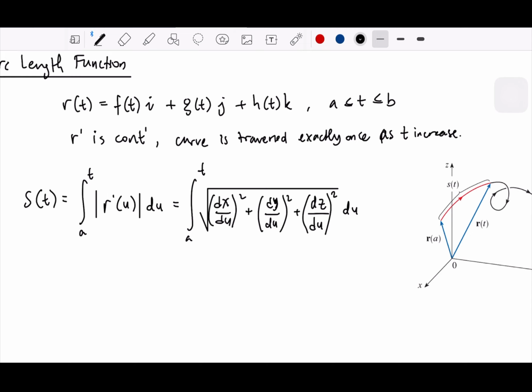So the key for the arc length function is how you can parameterize, making a new parameter from the original vector function to another parameter that you want to observe or analyze.